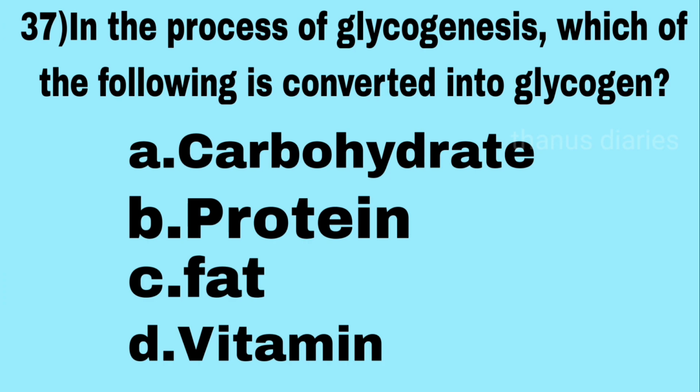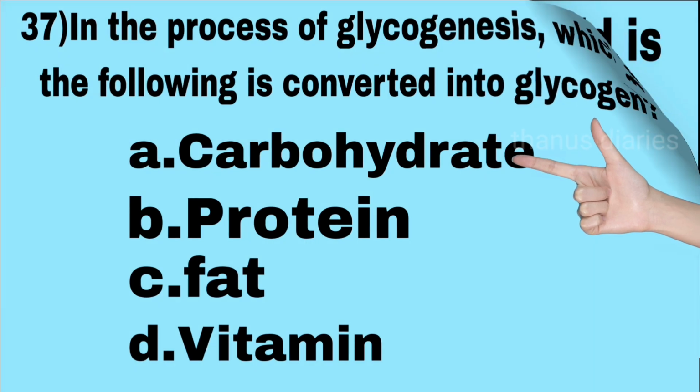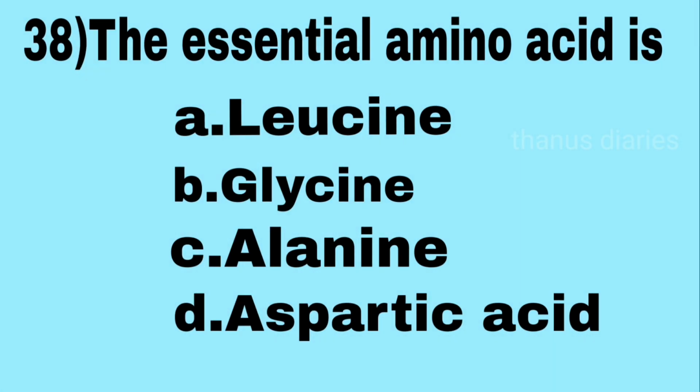In the process of glycogenesis, which of the following is converted into glycogen? Carbohydrate, protein, fat, vitamin. The answer is carbohydrate. The essential amino acid is: leucine, glycine, alanine, aspartic acid.